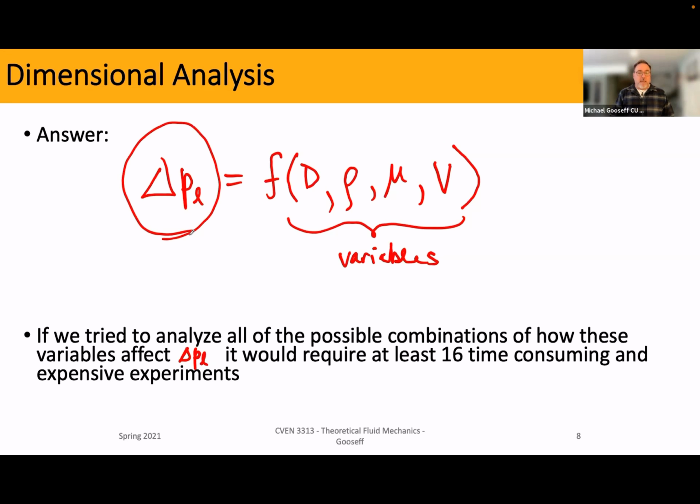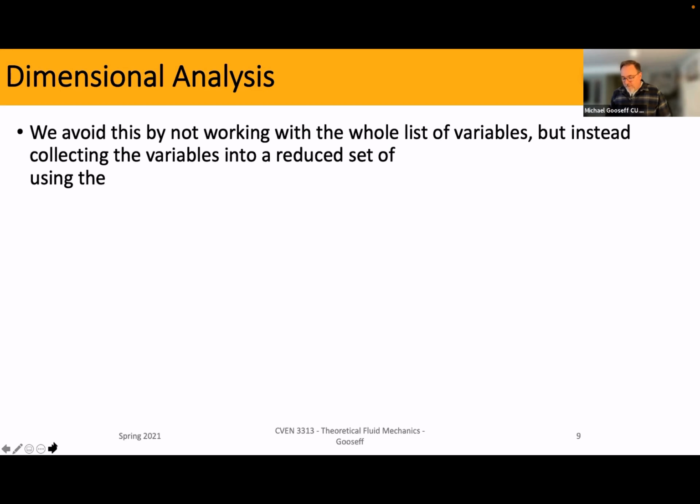So we avoid having to develop 16 complicated and expensive models by not working with the whole list of variables.